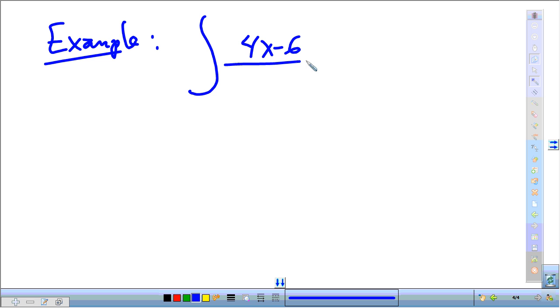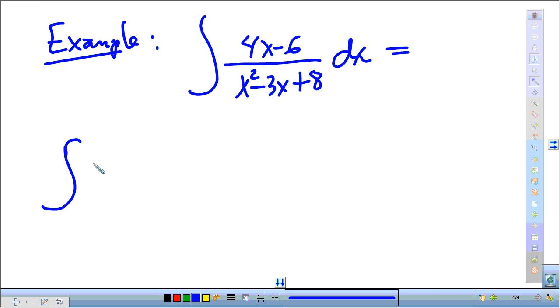Let's look at another setting. This one is the integral of a rational expression, that is a polynomial divided by a polynomial. At the moment it's not written as a product of two things, but divisions are really multiplications by reciprocals or negative exponent settings. So I could change this to a product.